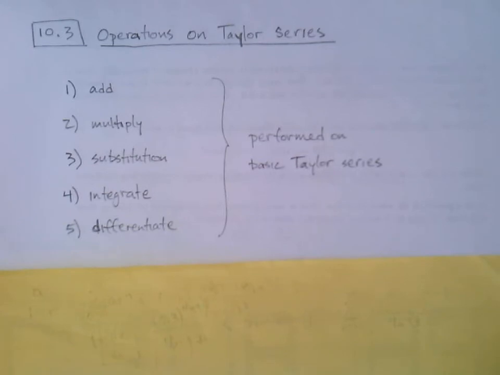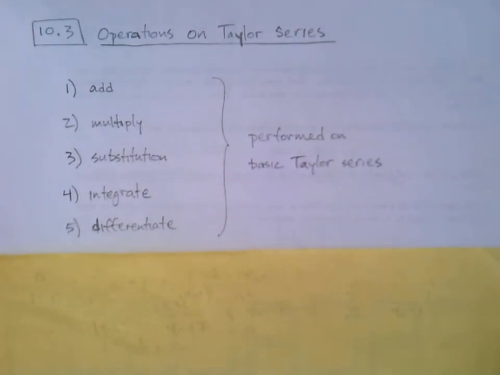At this point, we've developed that thinking, that we can come up with Taylor series or Taylor polynomials if we need to. And so, at this point, we're going to leave that behind, and we're going to use what's called the fundamental or the basic Taylor series. There's a list of them in your textbook at the very beginning of 10.3. So I'm going to be referencing that.